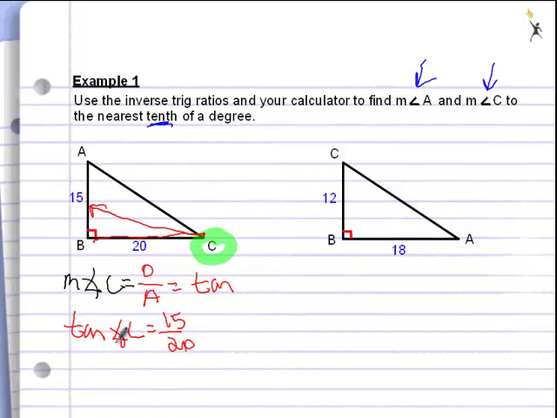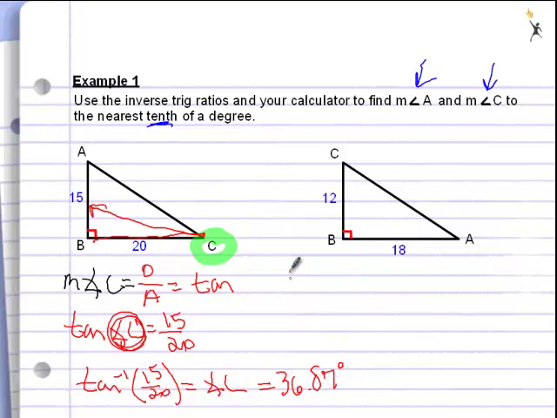The only problem is we want to find angle C, so I want to undo this tangent function. How do you undo a function? You do its inverse. So I'm doing the inverse tangent function of 15 over 20, and that equals angle C. When I punch that into my calculator, the second tangent button, 15 divided by 20, my calculator tells me 36.87 degrees.